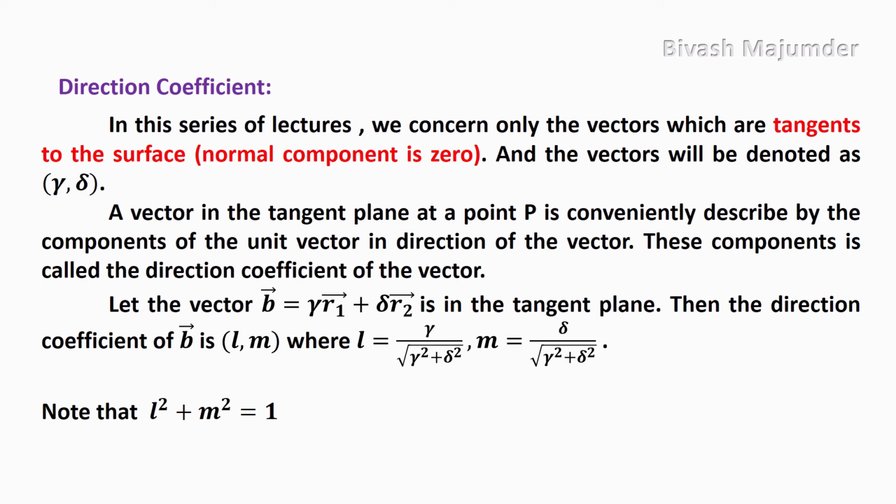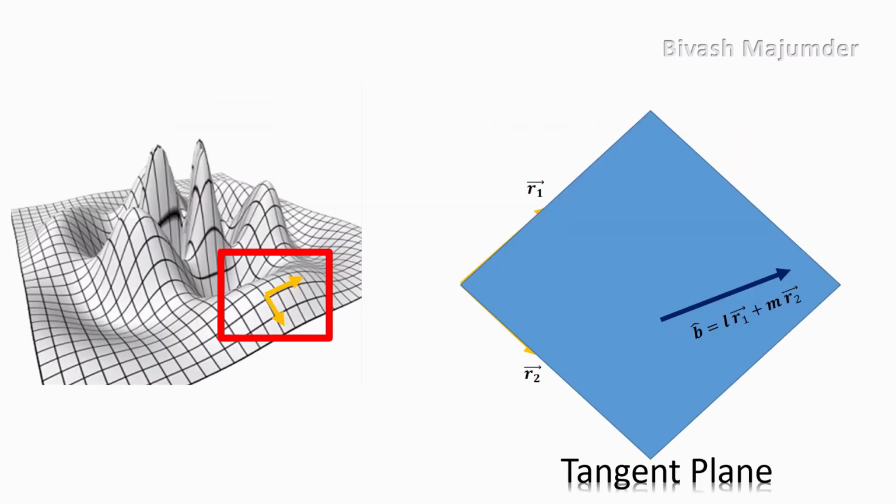Note that l squared plus m squared equals 1. In this picture, you can see the black vector B, which lies in the tangent plane.